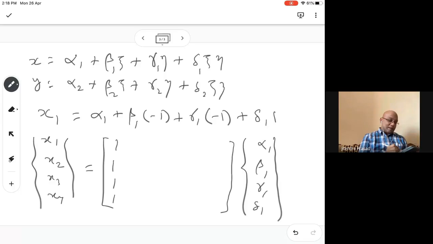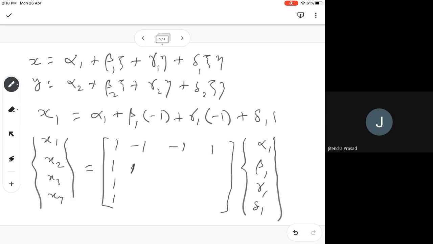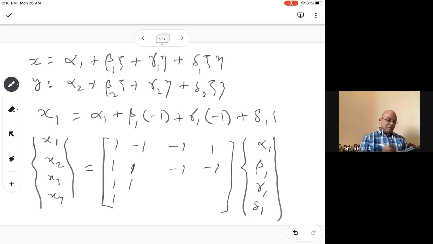Here we get minus 1, then the second case xi is 1, and then the third and fourth. For the eta column, the first is minus 1, the second is still minus 1, and the third is 1. For the xi eta column, the first is minus 1 multiplied by minus 1, which becomes 1. In the second case xi is 1 and eta is minus 1, so the product is minus 1. The third point has both positive, hence positive.